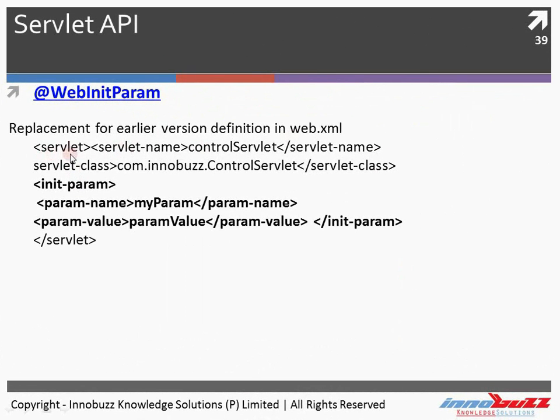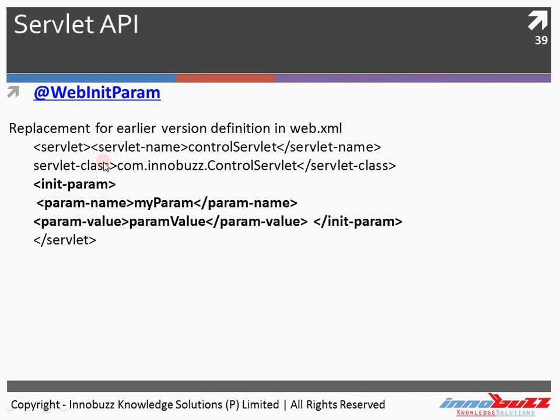Here, if you see, there are servlet tags defined with servlet name and class. Within the servlet tags we can see the init-param tag, and these define name and value pairs which can be accessed using ServletConfig. We will see how this config comes into the picture and how we can access it.